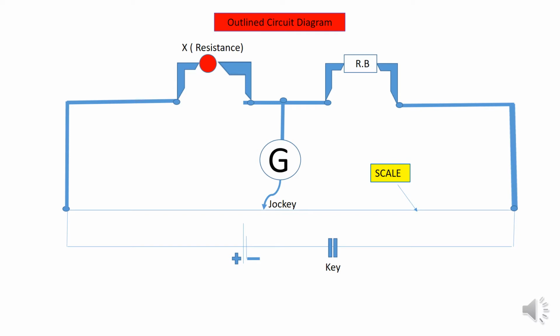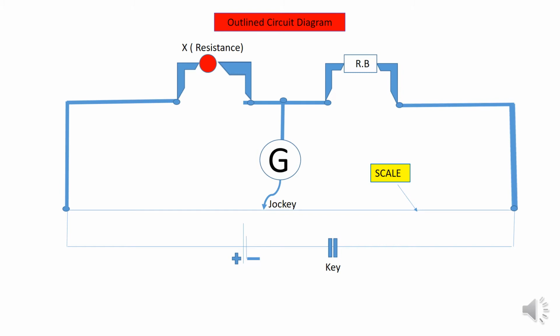This is the outline circuit diagram of how to find this resistance with the help of different instruments. This is the resistance box. Here the unknown resistance will be put. There is the galvanometer, the jockey, then the power supply, then the key here. Then the scale.